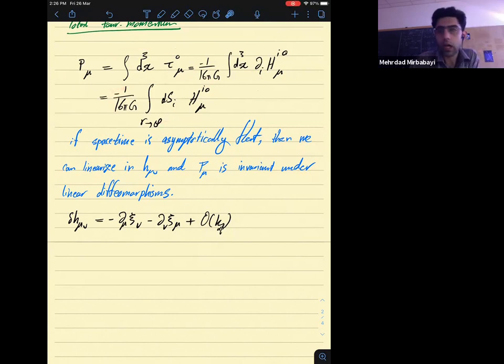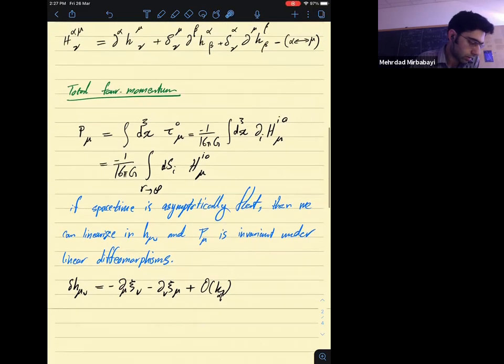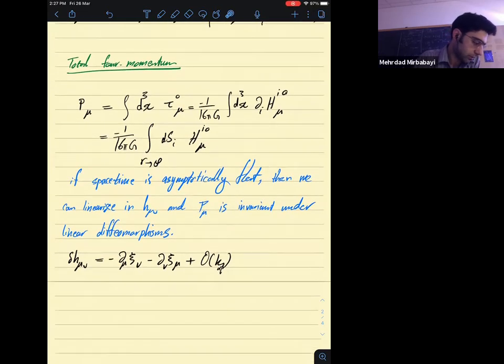And that's why we like this object. So this gives us a good definition of energy and momentum in asymptotically flat spacetimes. And of course, it is conserved because it was made of an ordinarily conserved tensor or pseudo tensor.